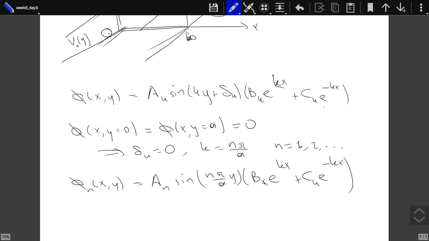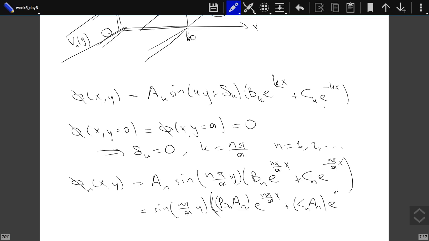Well, this is not bk, let me also call them bn, cn. This is sine of n pi over a y, bn times an, e to power n pi over a x, plus cn times an, e to power minus n pi over a x.